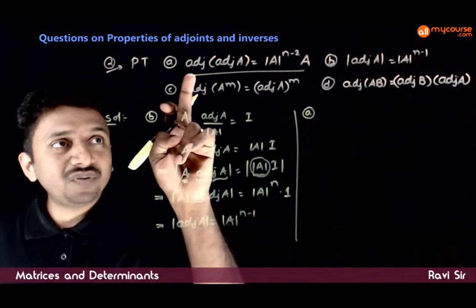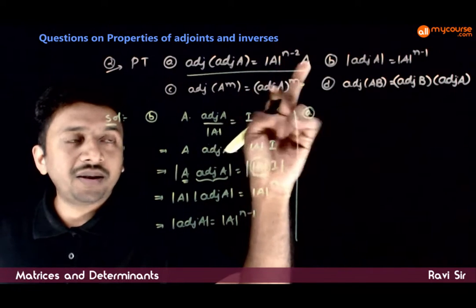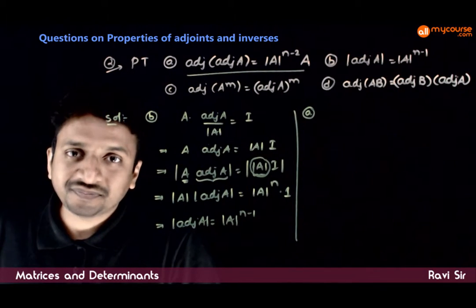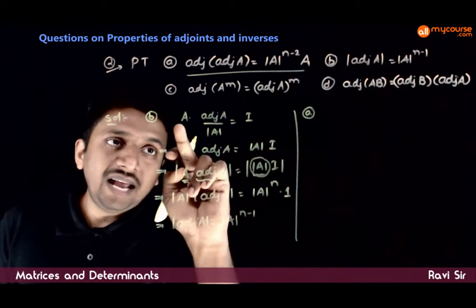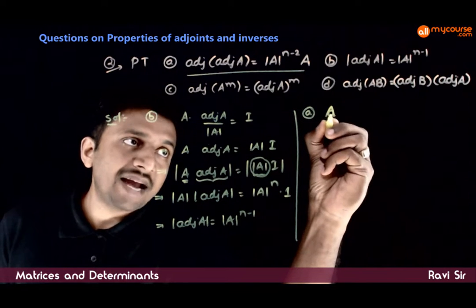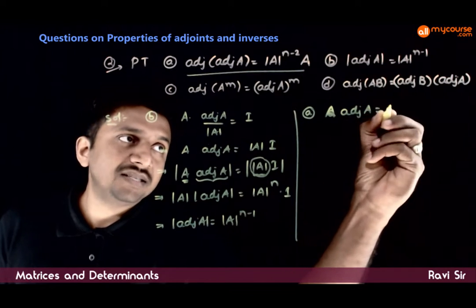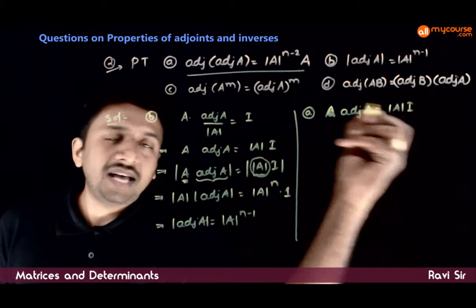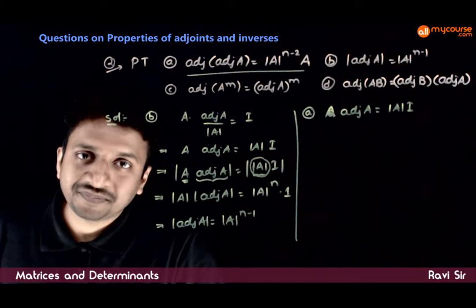So let us try to prove that adjoint of adjoint A is (det A) to the power n minus 2 times A. Now, matrix A times adjoint of A is equal to det A times I. This is what we have already done.